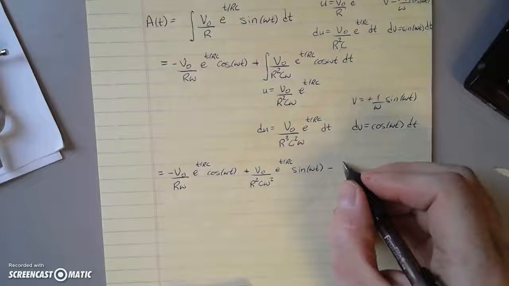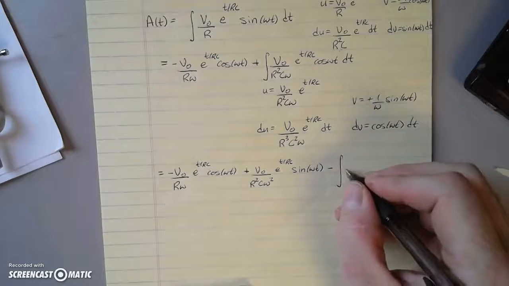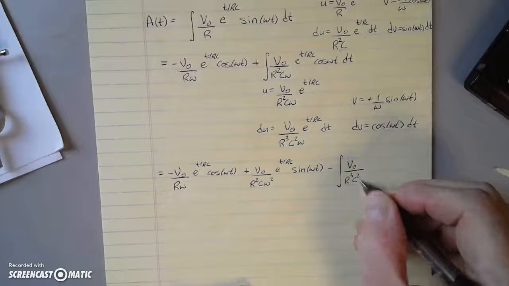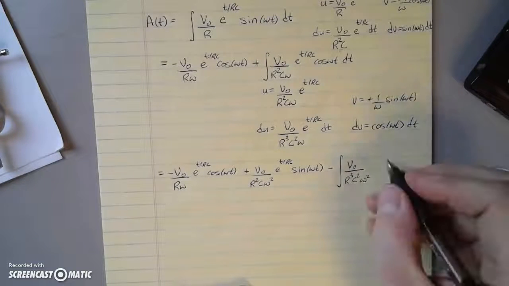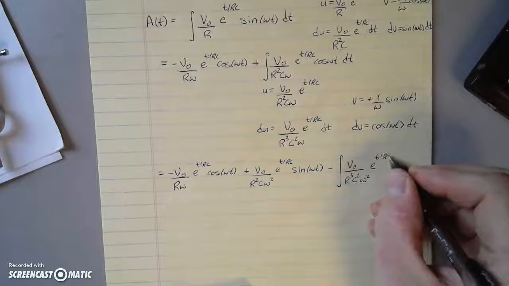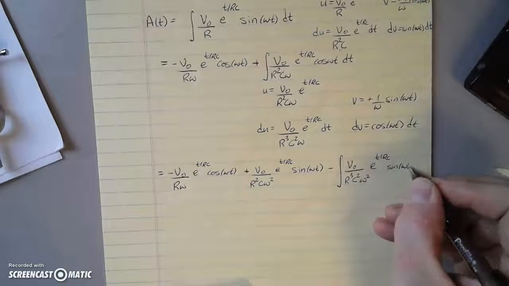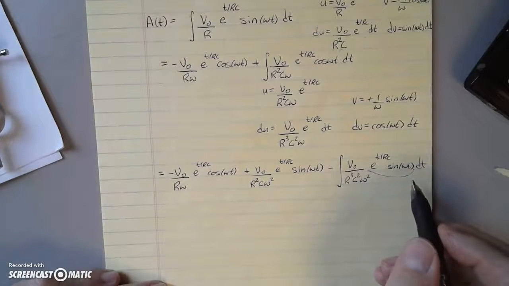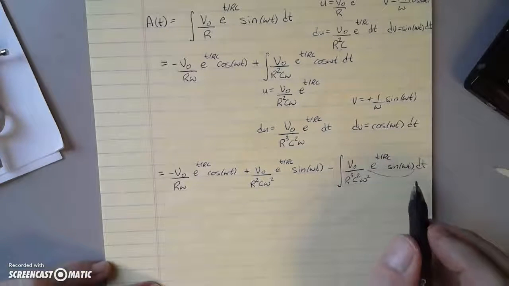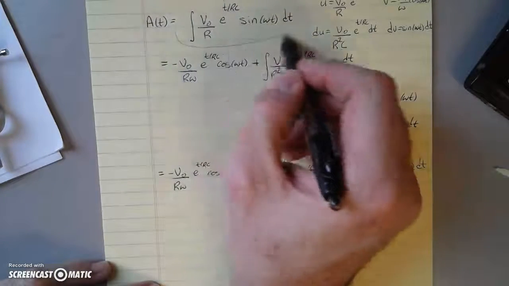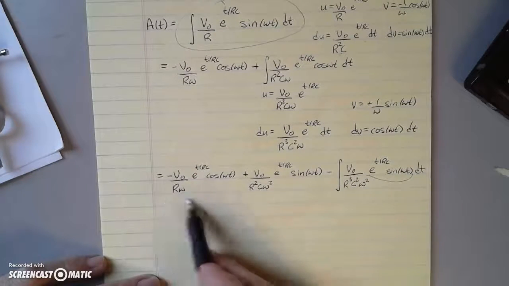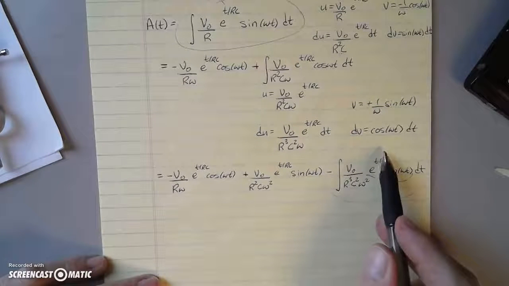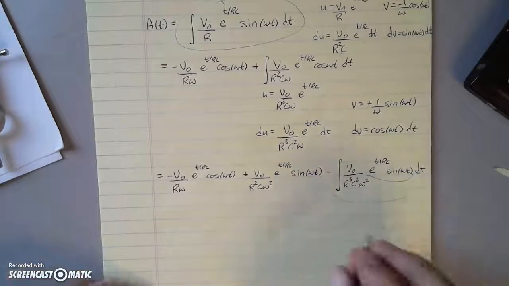Minus, now what do we have for an integral now? Well, v du, so we have v naught over R cubed C squared omega squared e to the t over RC sine omega t dt. Now this is pretty much the integral we started with, right? So here's the thing. We're starting with this integral, and this is what we have for it. So we can add this to both sides, and let me show you.